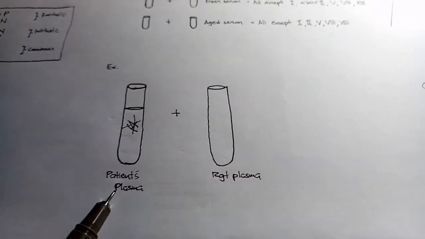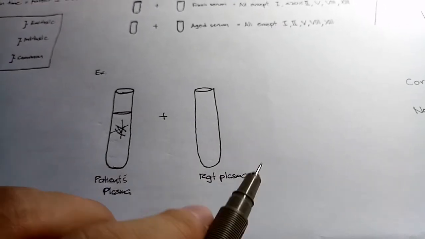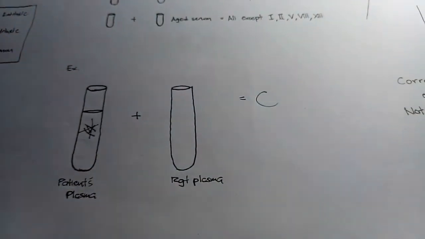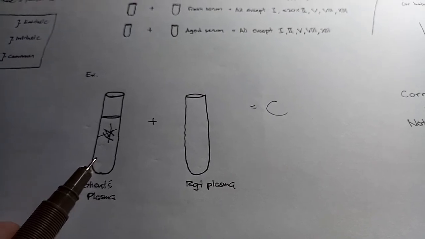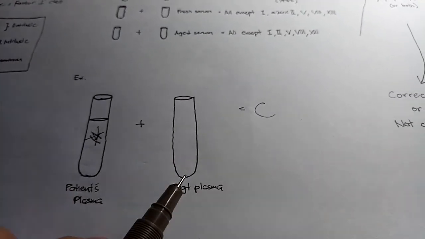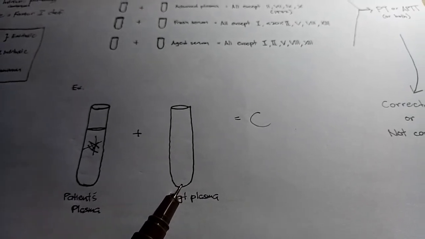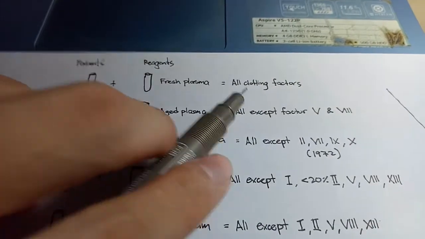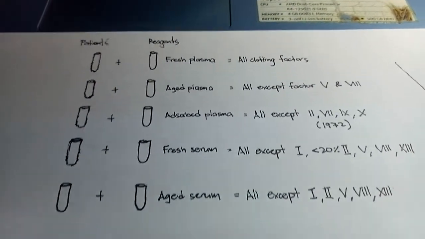So, patient's plasma plus fresh plasma, then you test with PT or APTT, the result will be corrected. Bakit corrected? Kasi, ang patient's plasma, wala siyang factor 5. Pero, yung fresh plasma na ginamit natin, meron siyang factor 5 because, kakadiscuss lang natin kanina, the fresh plasma contains all clotting factors. So sana na-gets nyo, di ba?